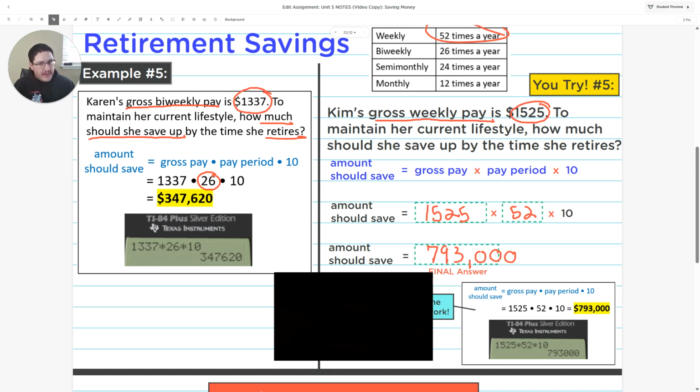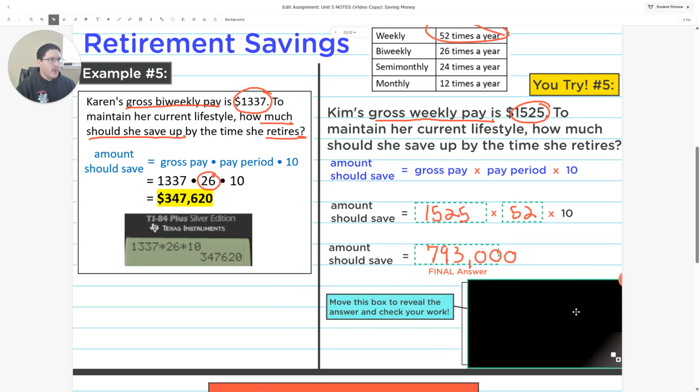It's saying 67 years, but in general, 62 to 70 years. Oh, I see. That's about when the Social Security benefits come in. So that's about that age that people tend to retire. There have been longer life expectancies, though, but that's the general age it's accepted for people to retire. But anyways, $793,000 is what Kim is expected to save in order to maintain her current lifestyle.